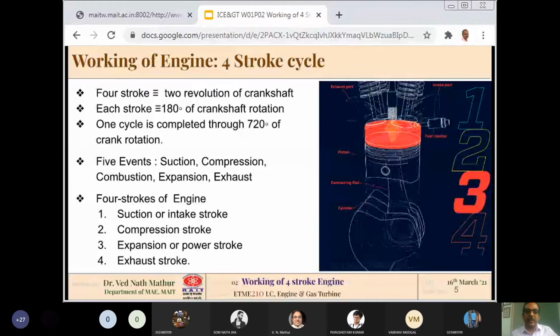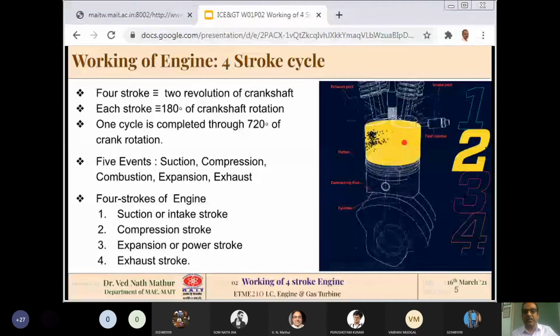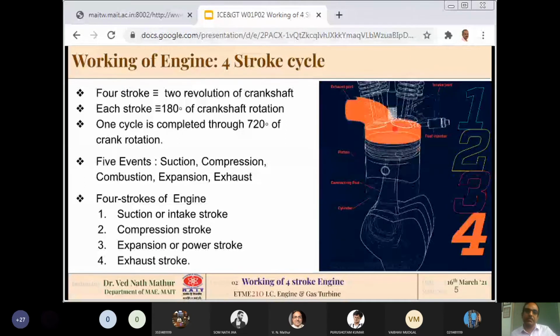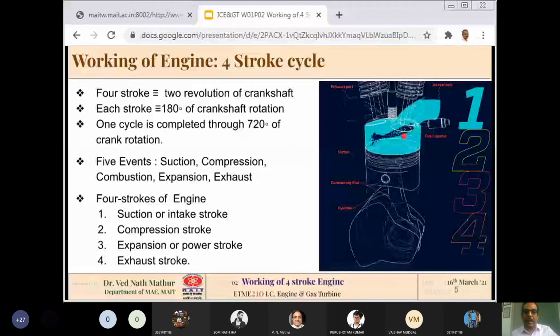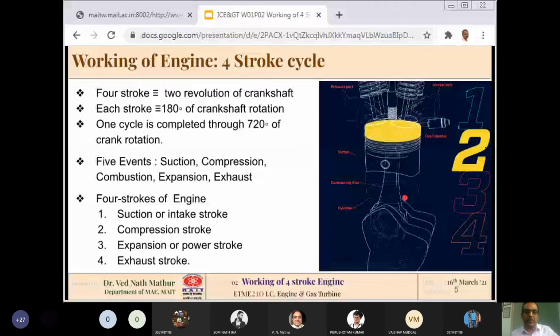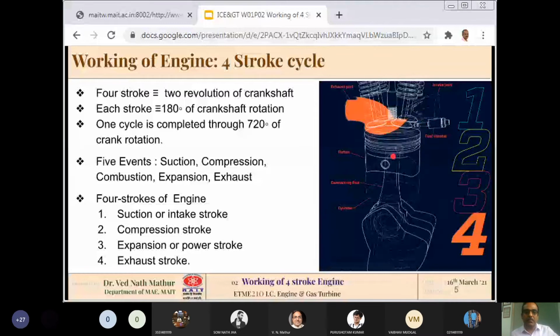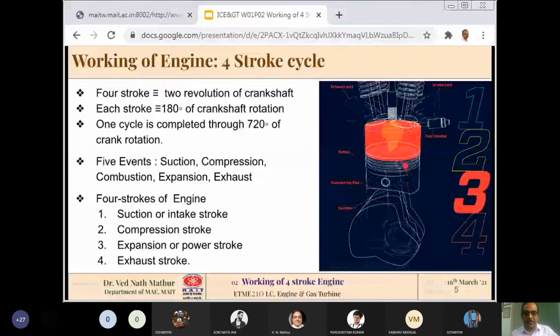So there is ignition and a flame develops inside the combustion chamber, which burns the air-fuel mixture, and it also pushes the expanding gases, which push the piston in the downward direction, which moves the crankshaft.